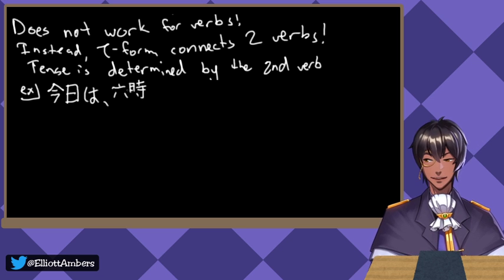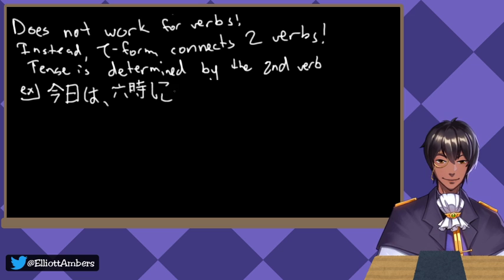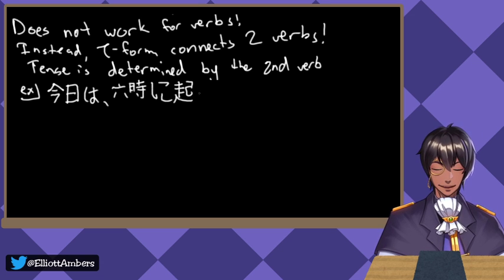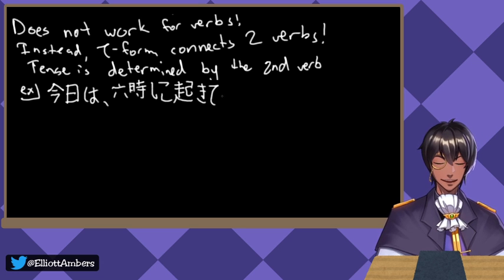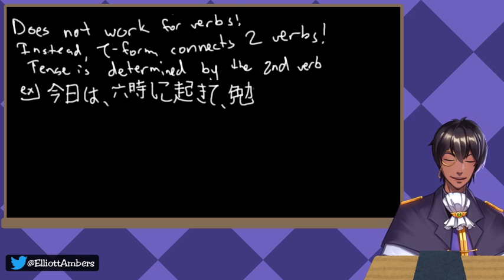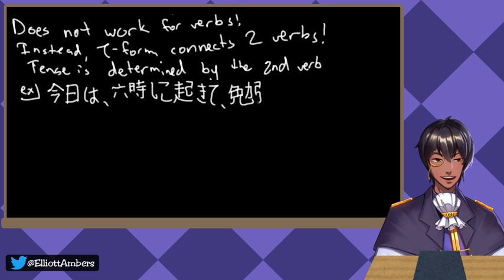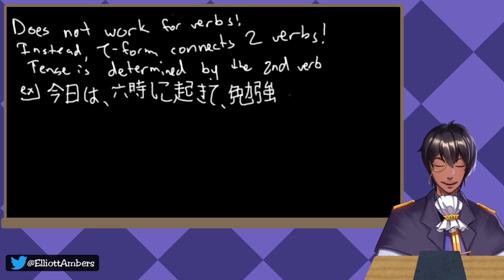They're recycled from what I've been going over the past weeks. 6時に 起きて. Then I'll just write this out first and I'll read the whole thing out. And 今日 shimashita.